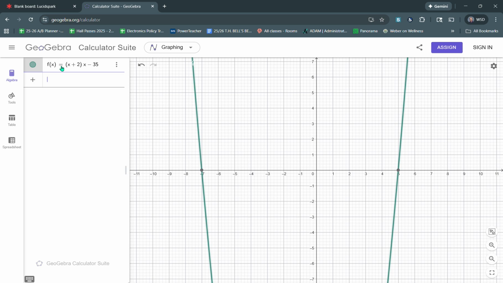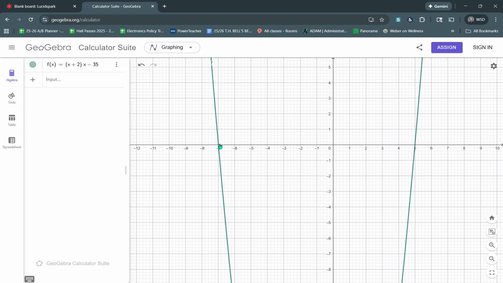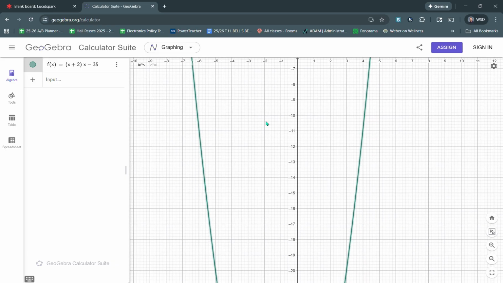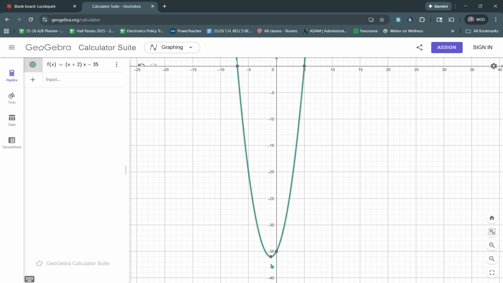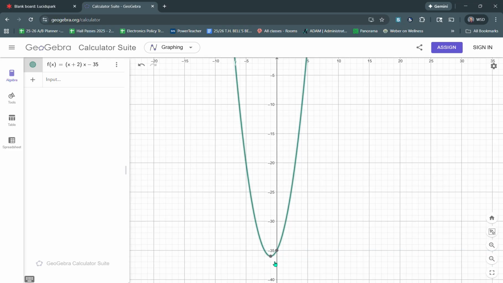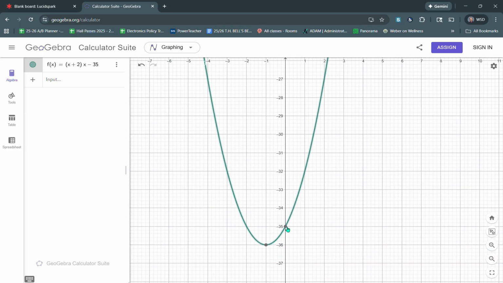And we can see it's got the graph. We can see here at -7 and here at +5, we find our x-intercepts. And if we want to find our y-intercept and our minimum, we can zoom in, zoom out. We can see our y-intercept there. We could see our minimum listed right there.